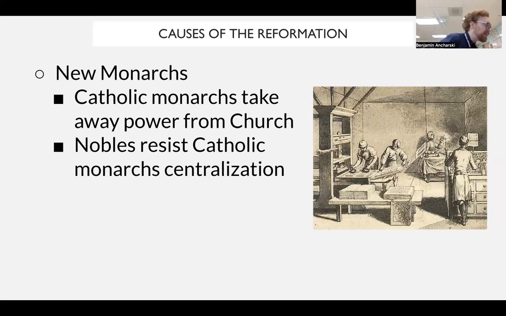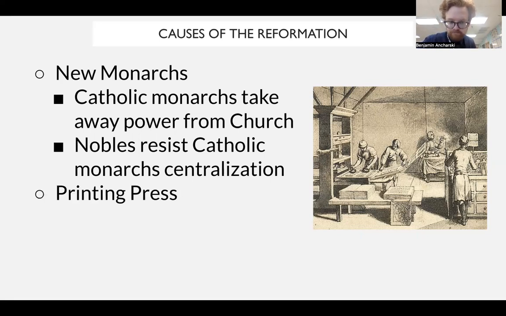A way to resist these centralizing monarchs is by becoming a new type of Christian, by becoming a Protestant. So the resistance to this centralization will lead nobles, primarily in northern Germany, towards Protestantism.